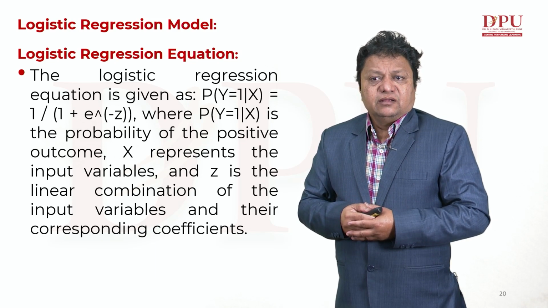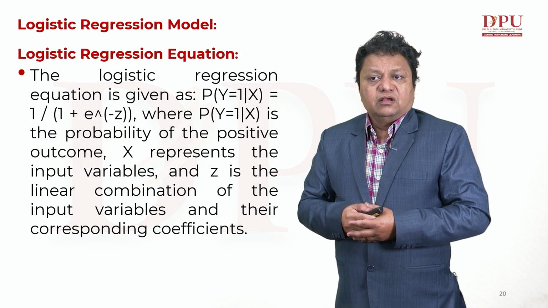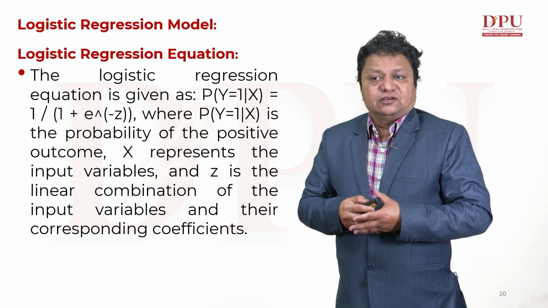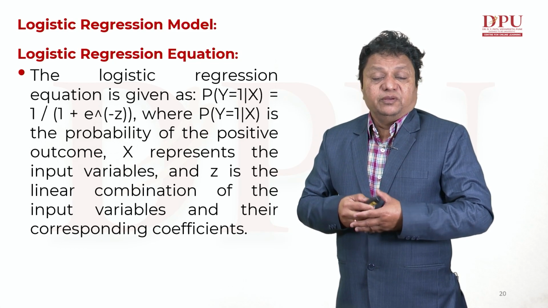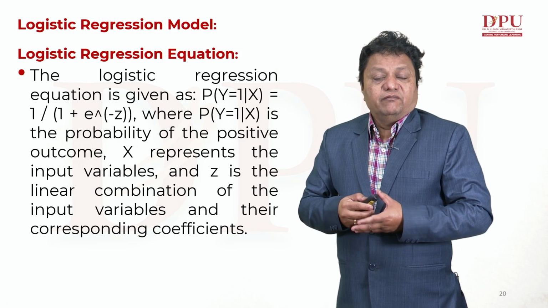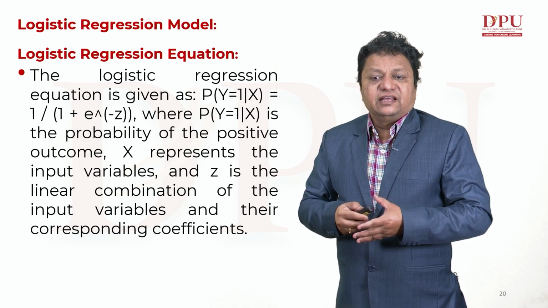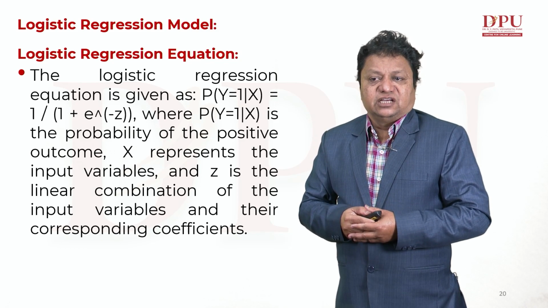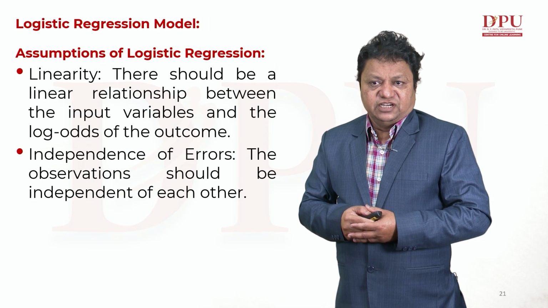This is the logistic regression model equation, where P(y=1|x) is the probability of the positive outcome, x represents the input variables and z is the linear combination of the input variables and their corresponding coefficients.